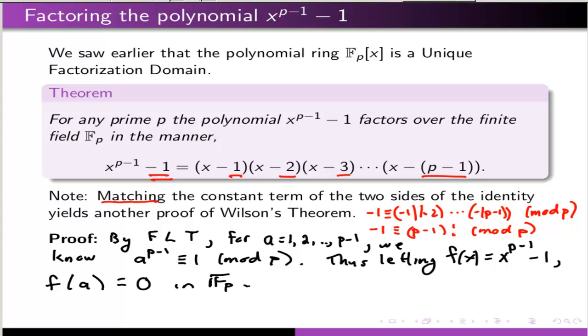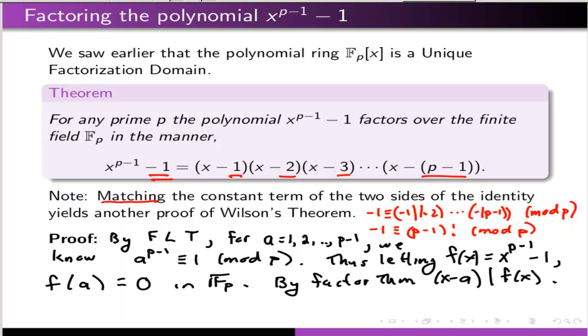Because f of a is a to the p minus 1 minus 1, which is going to be 0 in the finite field. So by the factor theorem, x minus a divides f of x.